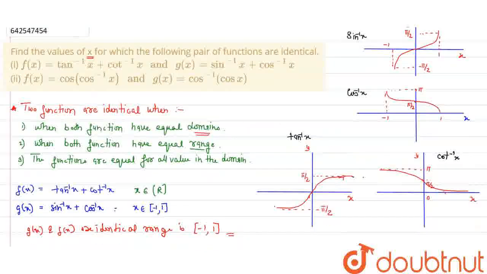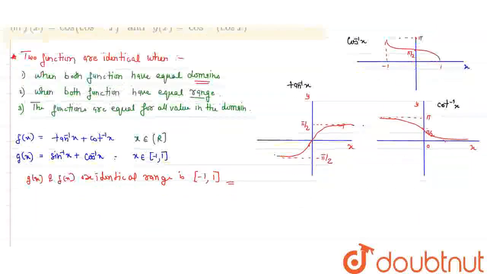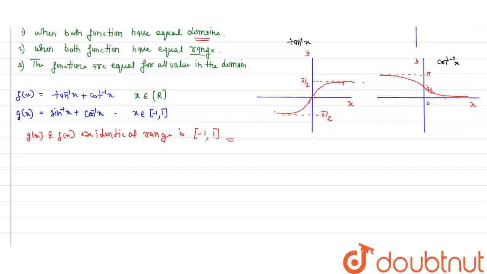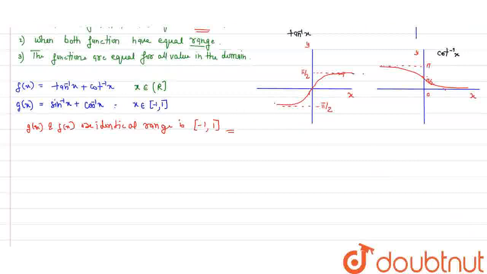Now we have a second question, that is cos inverse x. We have given first f(x), that is cos of cos inverse x.